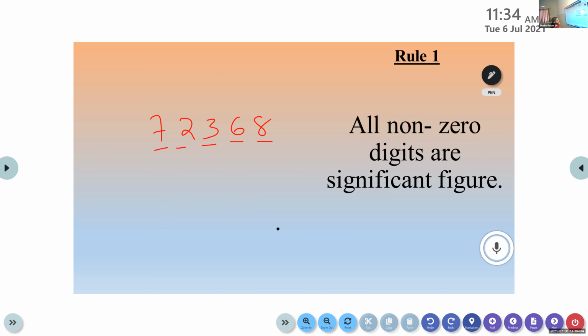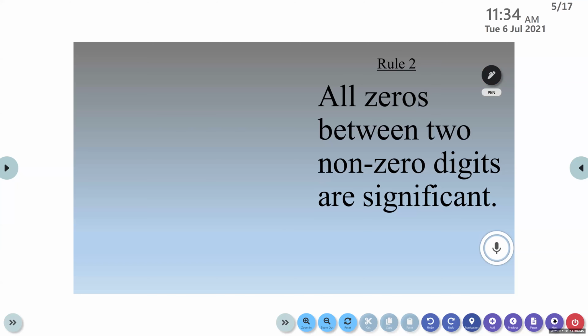Okay. That is based on our second rule, sir. I will explain the second rule, then we can discuss more examples. You also have to tell how to identify uncertain digits. Okay, sir. So according to our second rule, all zeros between two non-zero digits are significant.